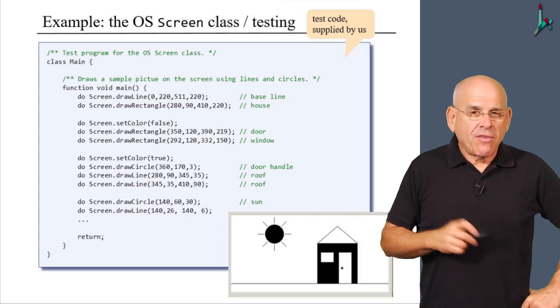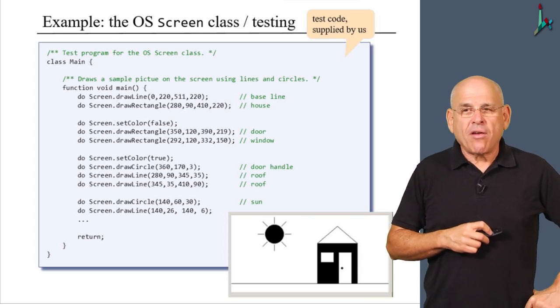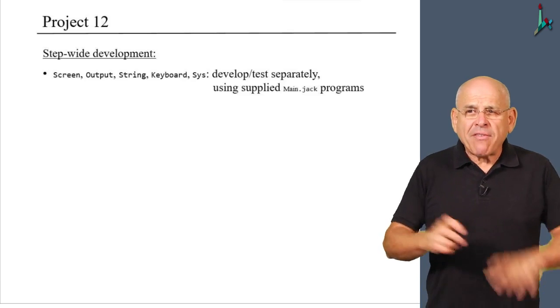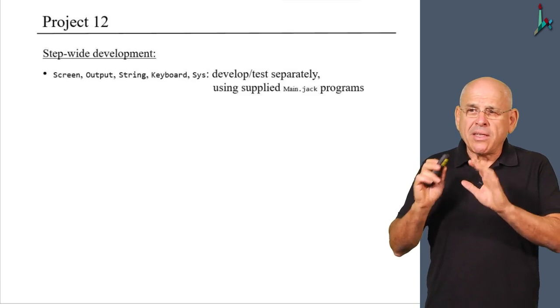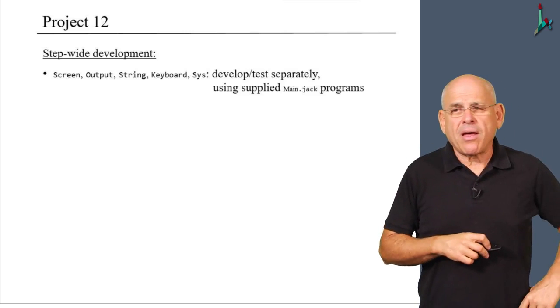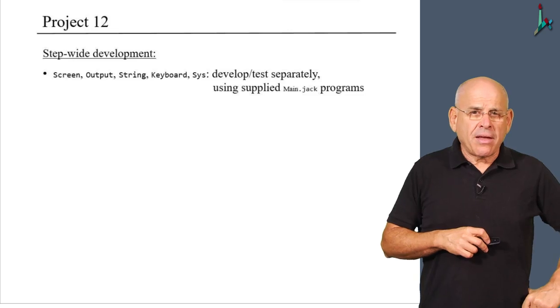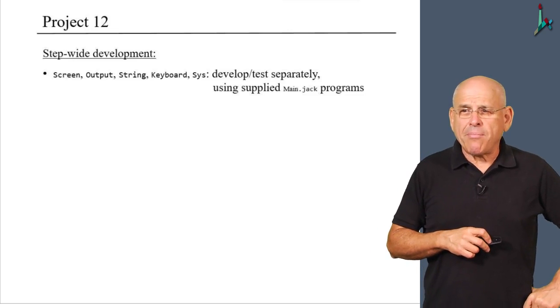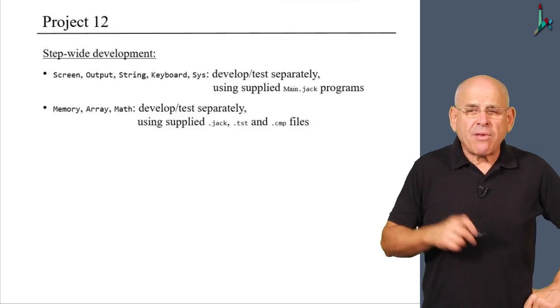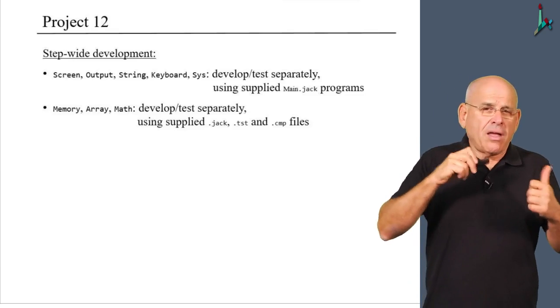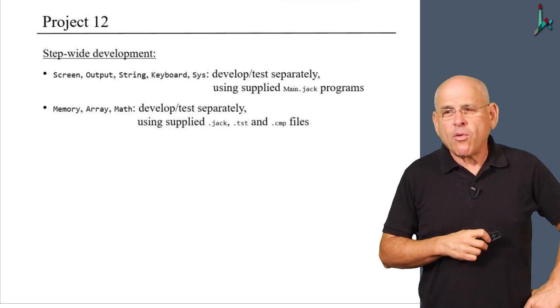Now, that's what you have to do with every one of the 8 classes in the operating system. So 5 of these classes are going to be designed in exactly the same technique, using a supplied stub file and a supplied main.jack. And the remaining 3 classes will be tested slightly differently using Jack, TST, and compare files.